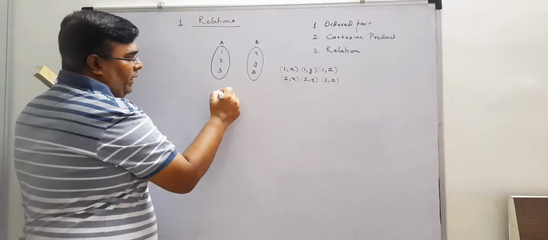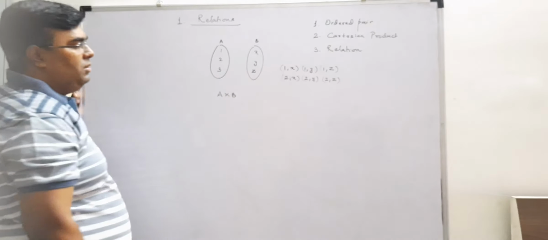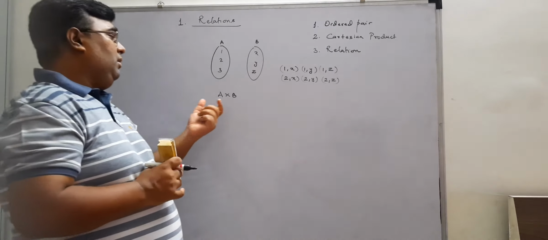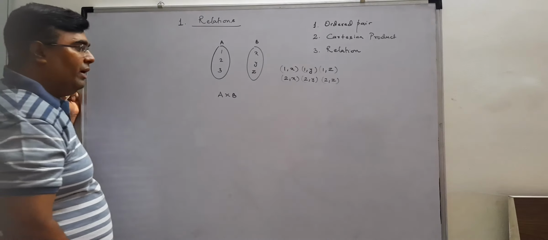We will use this example only. Suppose we want to write A cross B. This is known as my Cartesian product. What is the meaning of A cross B?